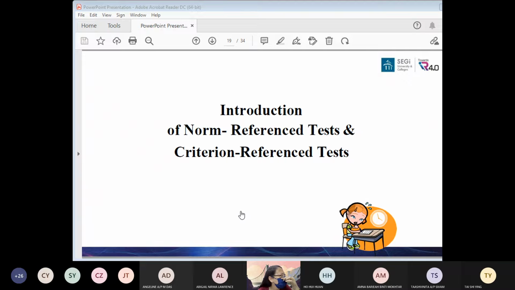Who wants to try? Who can try? Trinity? Oh yes, Ho Hui Huan. The average of a group of students. And then? That's not complete, it's only 50%. What about the other 50%? And then, average.